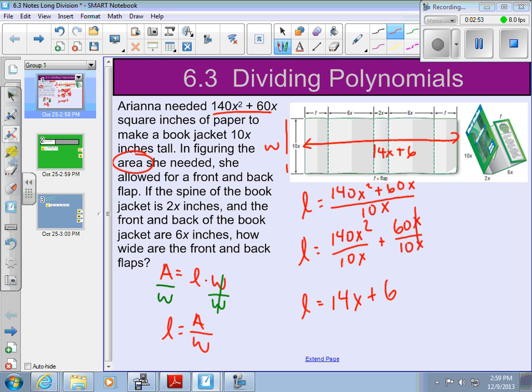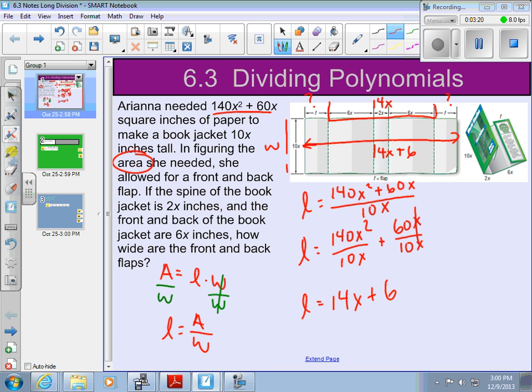Well, if you look at what they tell us also here, we can figure out a distance for the spine and the two main parts of the book. If we add those together, 6x plus 2x plus another 6x, that adds up to 14x. The only two parts we're not sure on is how big these flaps should be. So let's do a little subtraction of polynomials now.